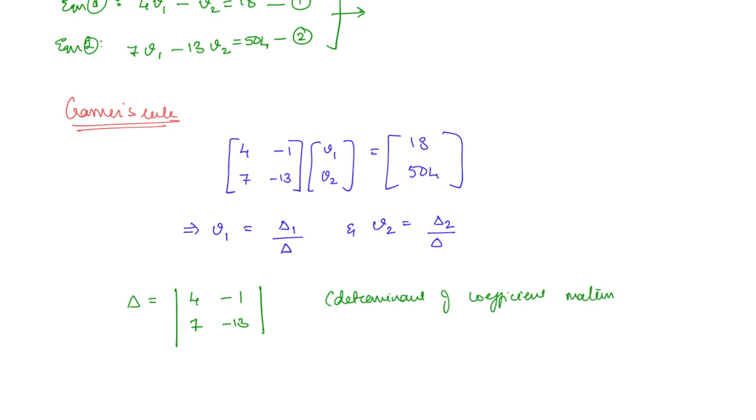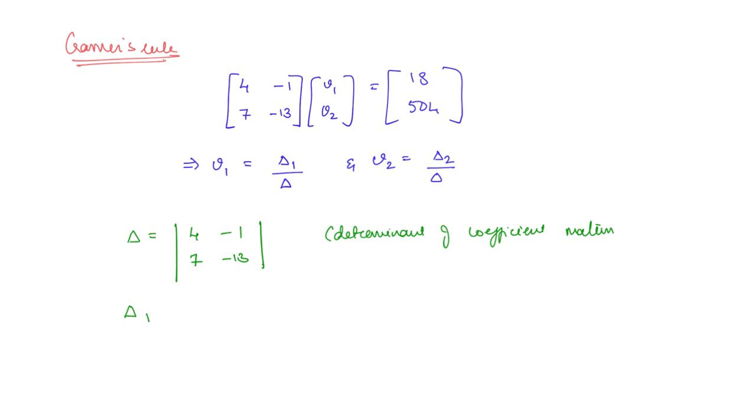Now what is delta 1? In this coefficient matrix, you will replace the first column with the constant matrix. So delta 1 is going to be, the second column will remain as it is, minus 1 and minus 13, and the first column you will write as 18 and 504.